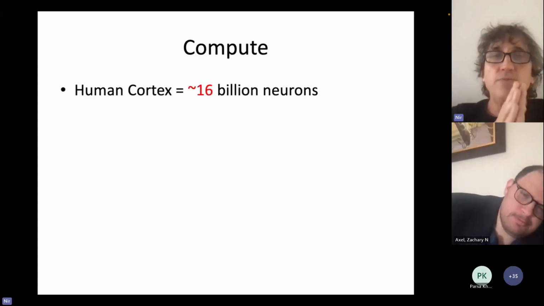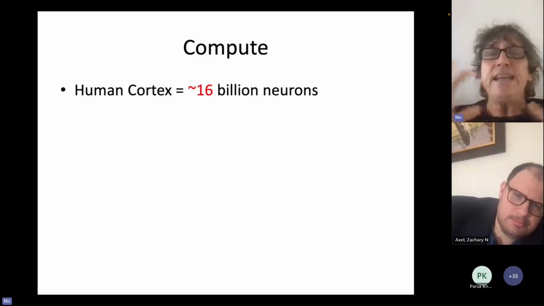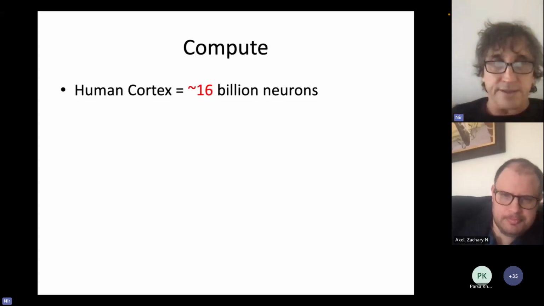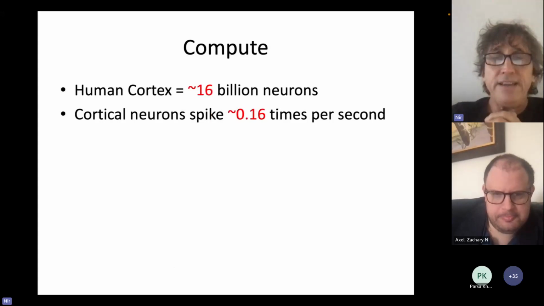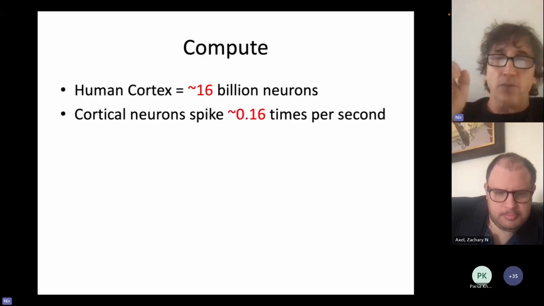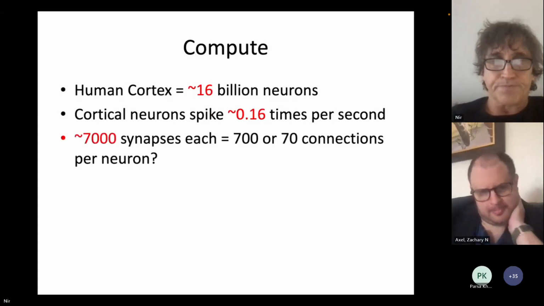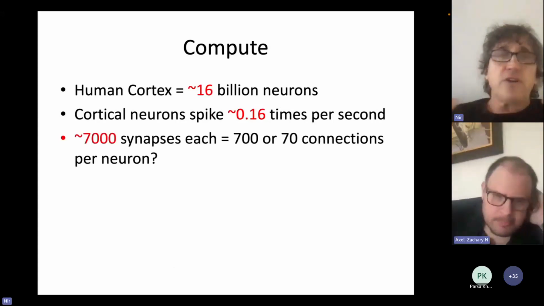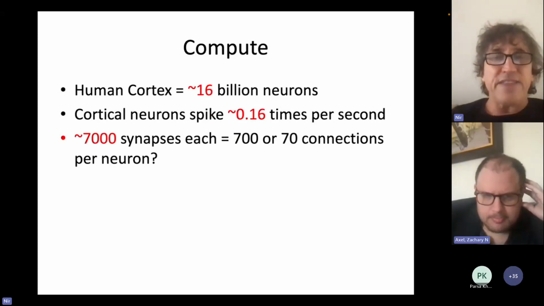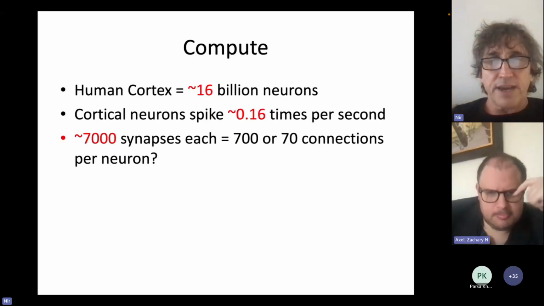So the human cortex has about 16 billion neurons. Okay. A neuron spikes about 0.16 times per second. Each neuron in an adult has about 7,000 synapses, okay?